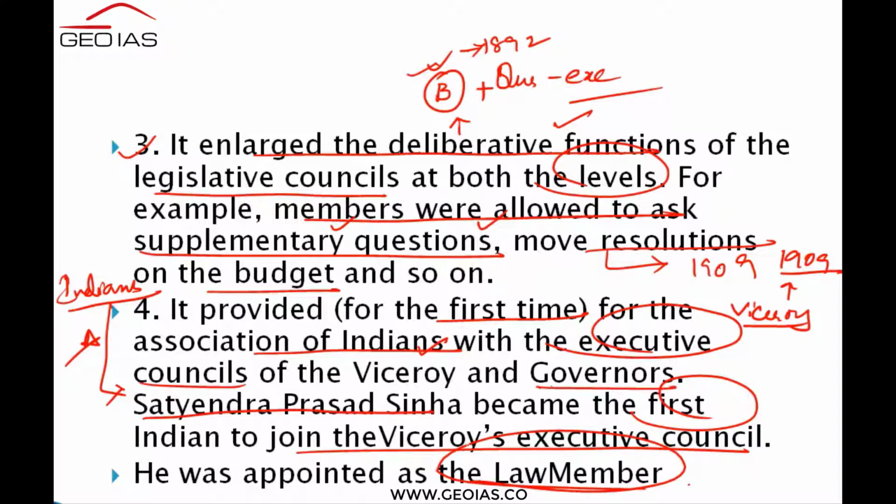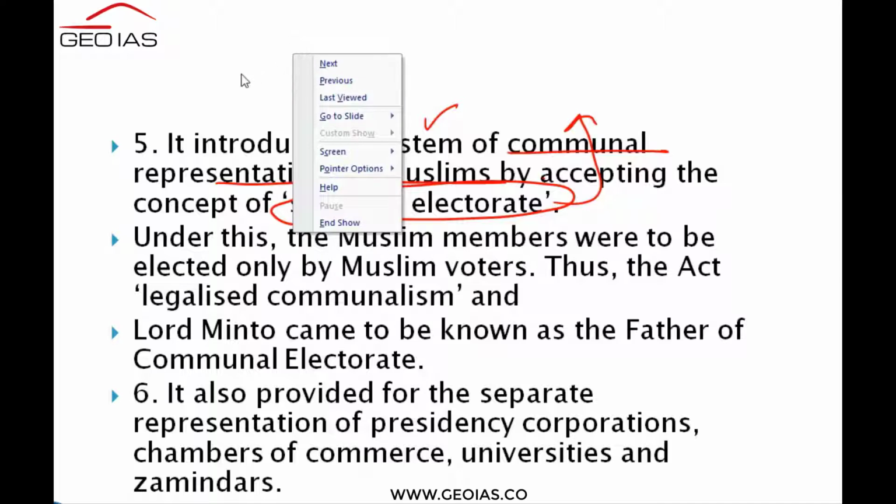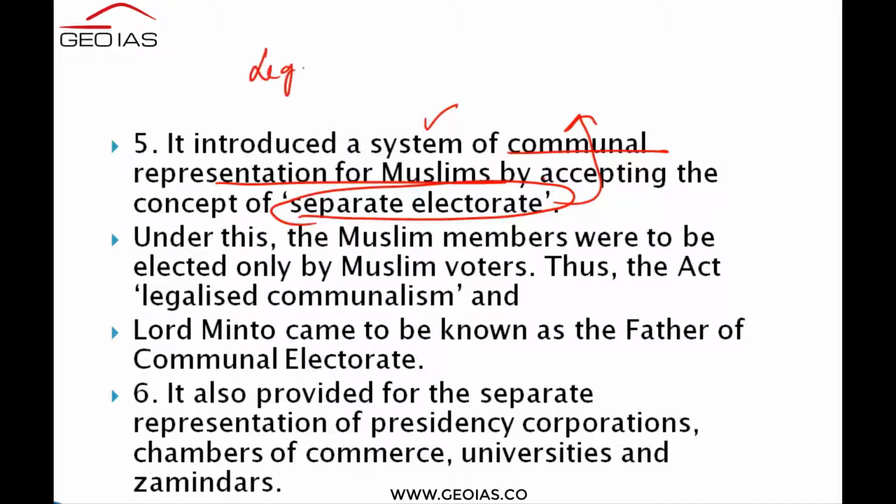As we move forward, it introduced a system of communal representation for Muslims by accepting the concept of separate electorate. So what is the separate electorate? For legislative councils, there would be elections from this Act of 1909.